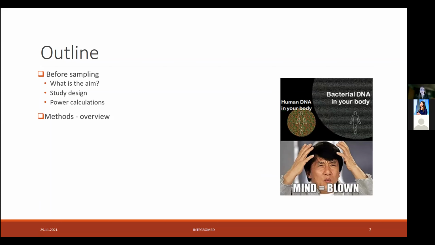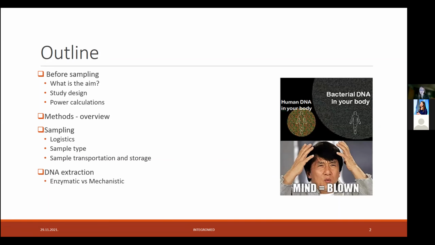Then we will shortly look over the most popular methods, benefits, and some shortcomings of them. We will shortly talk about sampling logistics, sample type, sample transportation and storage, and also from the further processing, we will shortly touch DNA extraction and also talk about contamination, which is really important to gain trustful data and results.